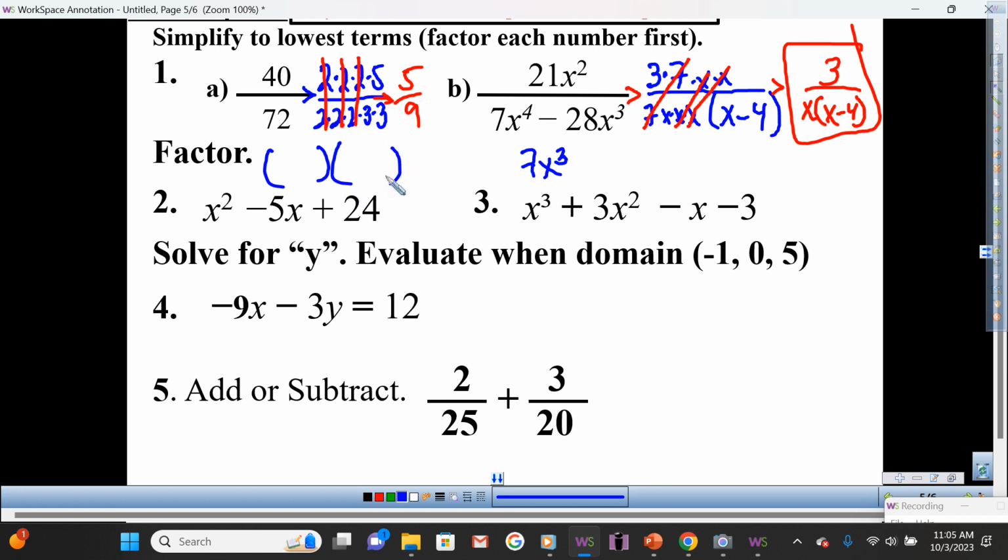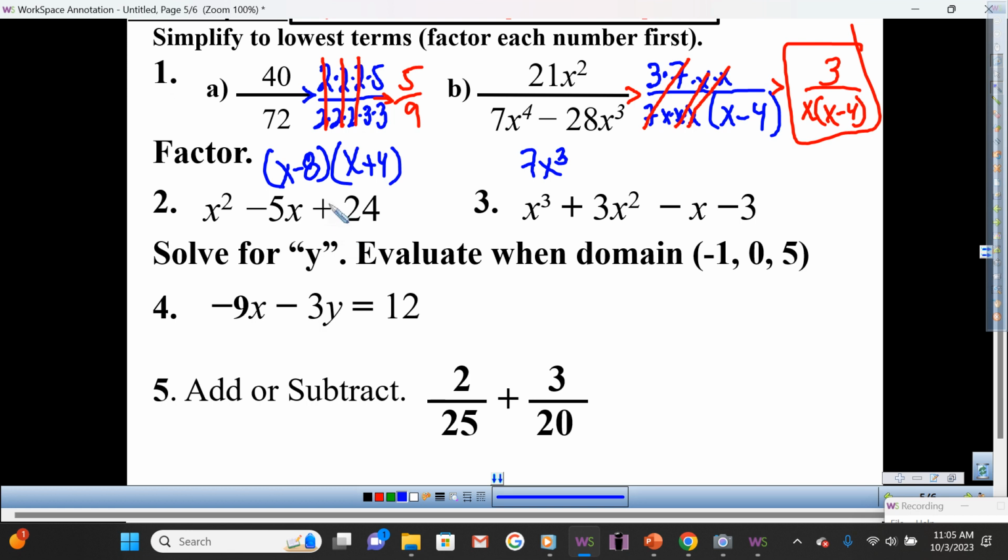Share with your neighbor before Maya G gives us the factors. What'd you get for factors of x squared minus 5x plus 24? Factors are, Maya G. X minus 8 and x plus 4.